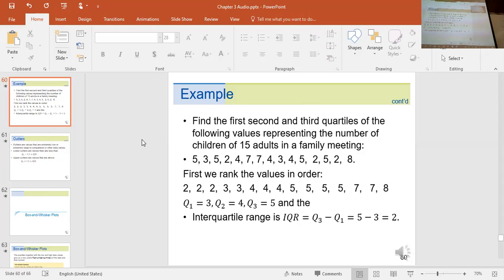I'm trying my best to make a straight line. So this is Q1. This is what we will call the box and whisker plot. I just use this data to do it.